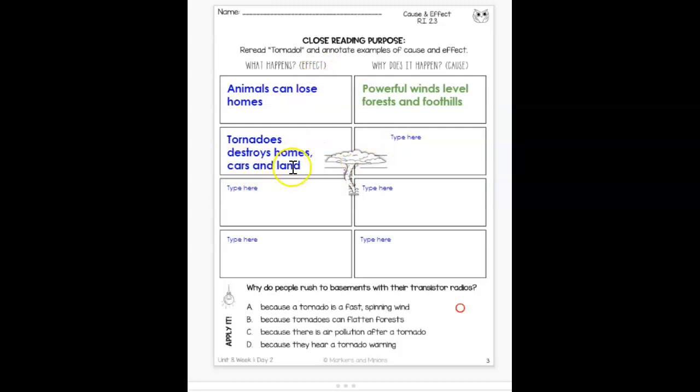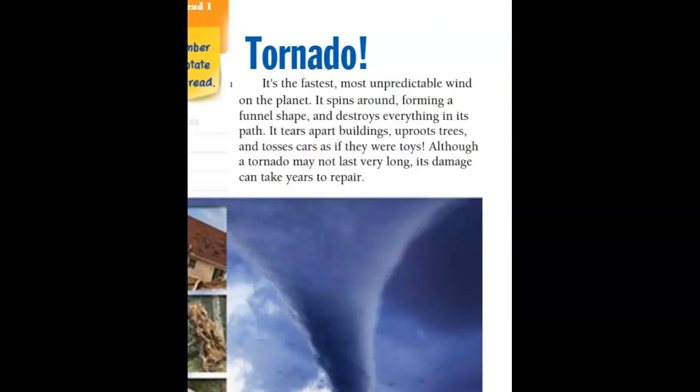Why do tornadoes destroy homes, cars, and land? If I go back to the text and read the first paragraph, I can see my answer to that question. We're just going to highlight, and then I am going to let you do the rest by yourself, okay? Because we have 2 good examples of what we are supposed to be doing. So the tornadoes, they destroy homes, cars, and land.